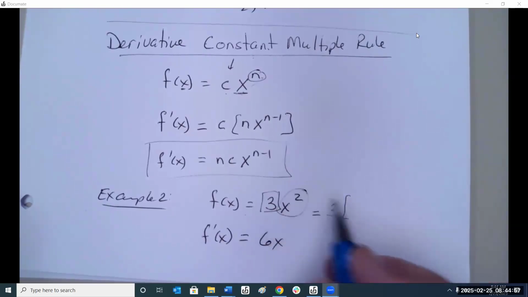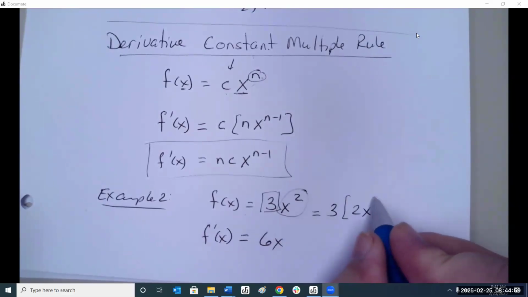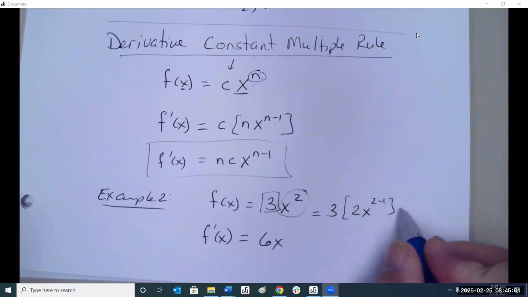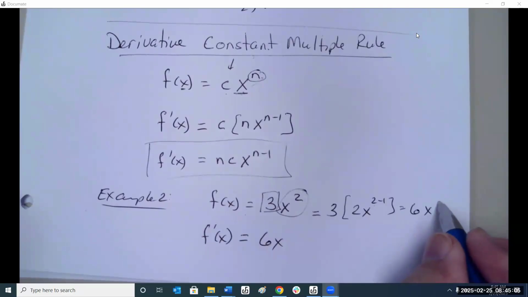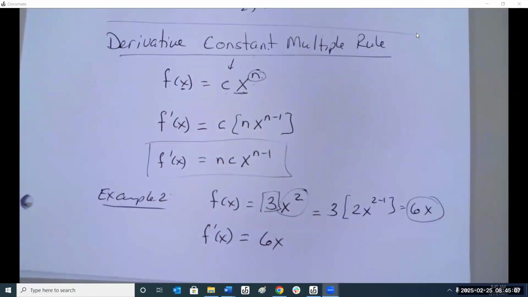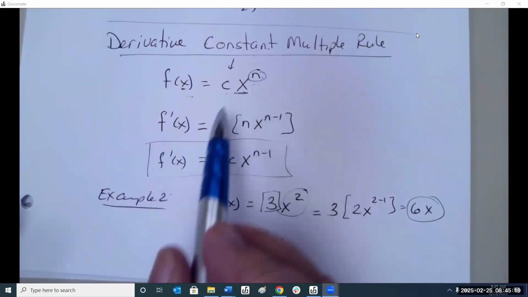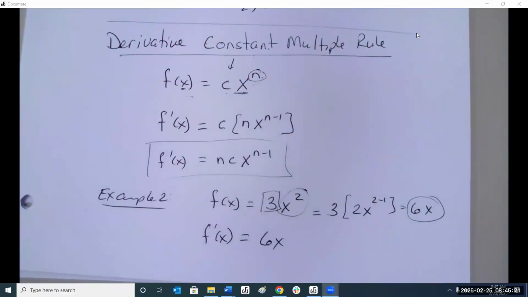Now I take the derivative of x squared, which is 2 minus 1. So it's 3 times 2 is 6. 2 minus 1 is 1. And there I have it, 6x. Algebra. This is all algebra. Calculus, as I said, it's pretty much only the writing it down. That's all calculus is so far.